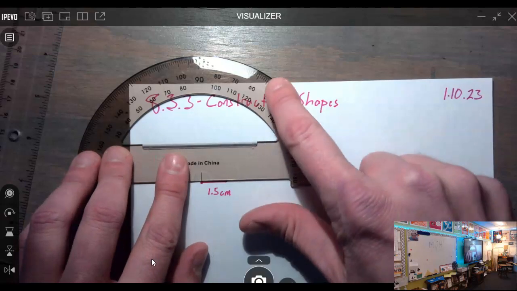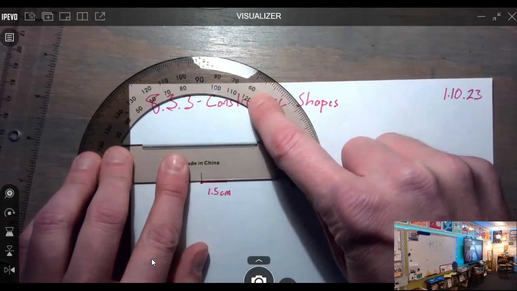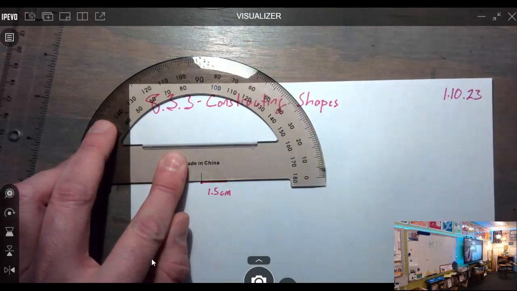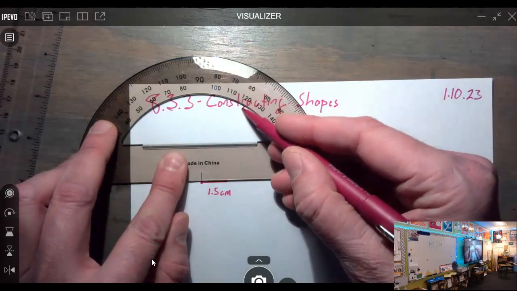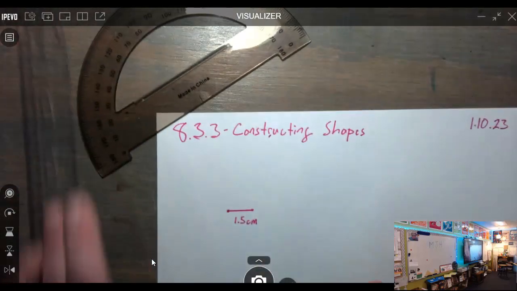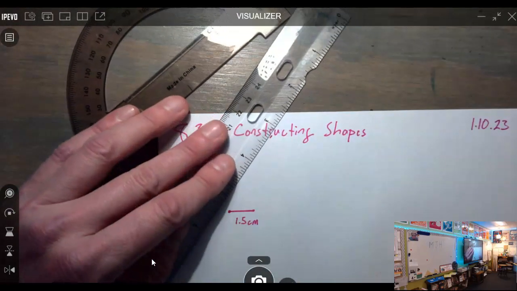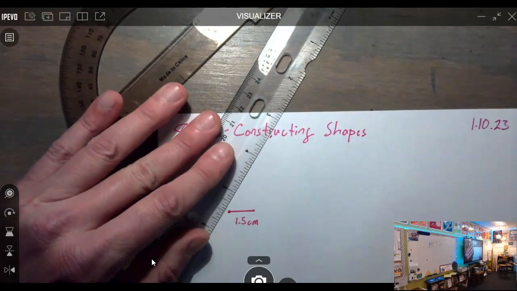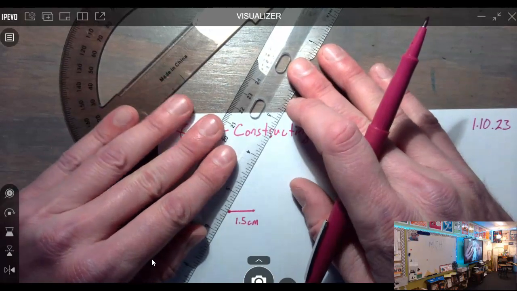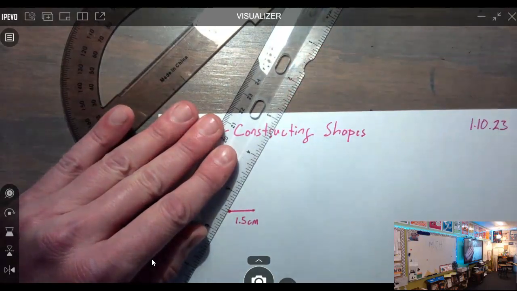So guys, if I can't get to my 60, I can use my 120, but know that that's actually my 60. If I put a little mark right where that's at, now hold on, does my side need to actually go that far? No. What I need to do is line up with that angle. And if we put this too close to the top of the paper, we might need to scoot it down.